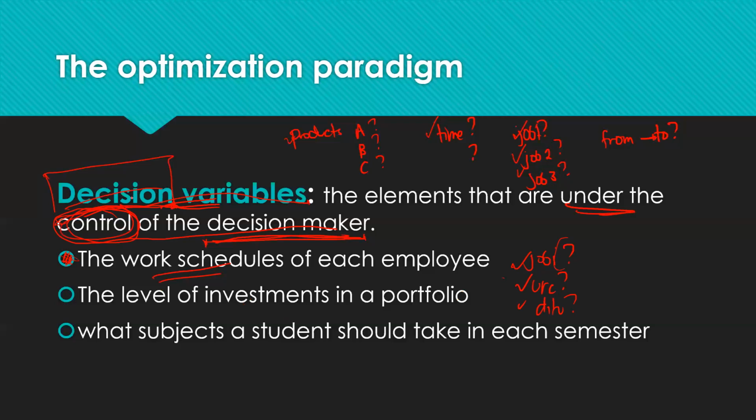So again, you're looking for a decision na kaya mong i-control. Another example, yung mga subjects na kailangang i-take natin first semester, and many others. So ito yung mga optimization paradigm natin. Ito yung mga need every time we're working on an optimization project.